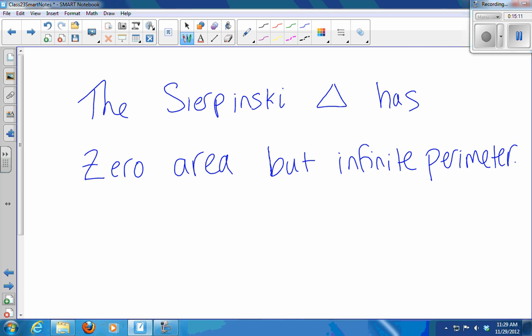This is actually used a lot, this idea of using a fractal to create a really long perimeter and a really small area is used for antennas. Okay, so like a cell phone antenna, right? You used to have to pull it out, and it was like this really long thing.